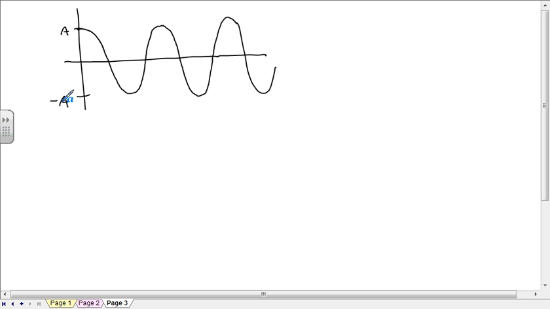That's a cosine function. So this is the graph of simple harmonic motion. The position as a function of time is equal to A times the cosine of omega t.